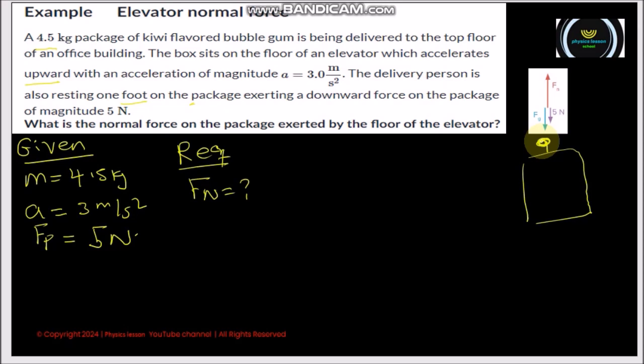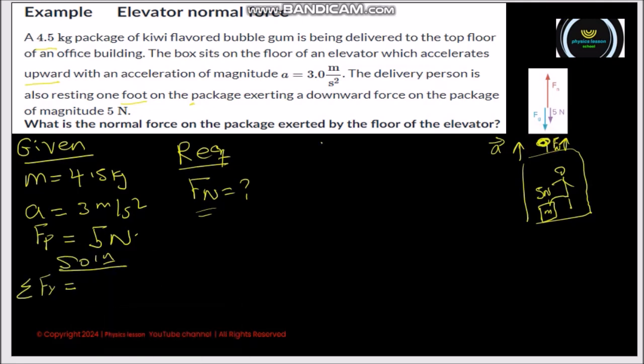Inside there is a mass, the mass of the kiwi package, and the man puts a 5 Newton force with his foot. The object has its own mass, and this elevator is accelerating upward. There is a normal force here also, upward. Now you are required to find the normal force.